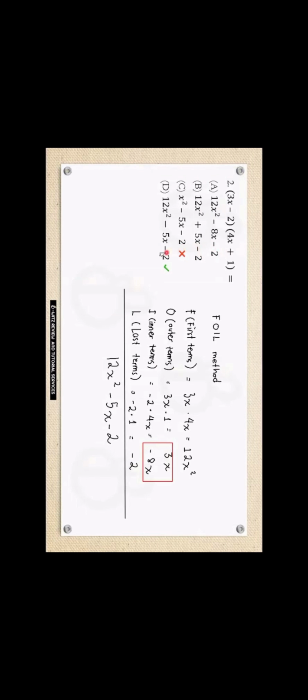And it means that we need to combine outer and inner terms to get our final product. And you see here that combining the outer and inner terms will give us negative 5x. That's why the answer here is letter D.